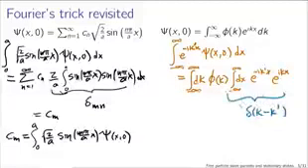If you treat this as a distribution that only is non-zero at a particular value, the delta function by default is defined to be non-zero only for its argument equal to 0. This is effectively a distribution that only has non-zero values, only has support for k equal to k prime.